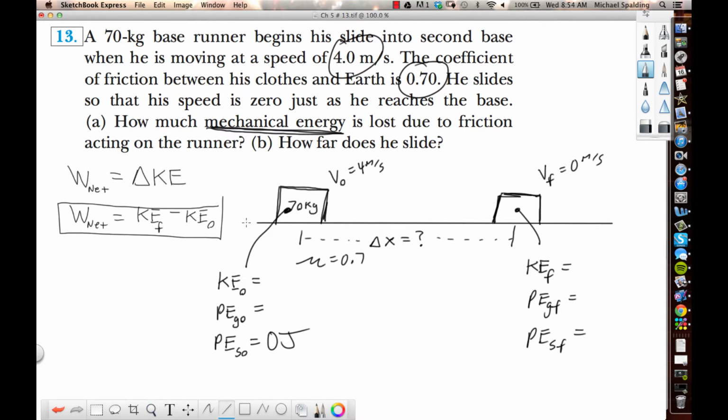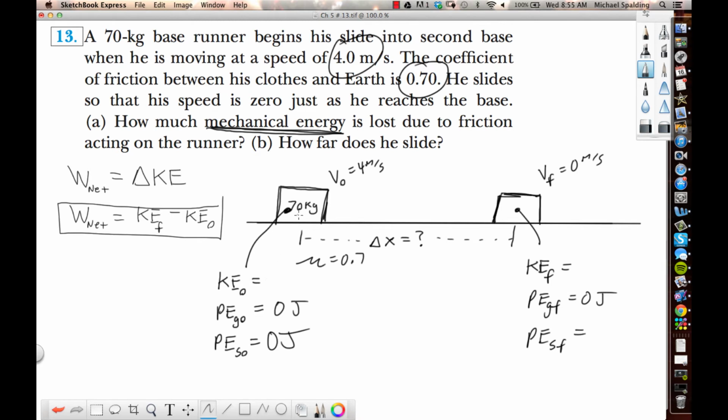No. So where's the 0 point for this problem? The 0 point is the ground itself. So potential of gravity initial is 0, and potential of gravity final is also 0. Does that make sense? The only time you're going to get a change of potential energy is if there's some sort of vertical climb or vertical drop. So there's no potential of gravity here.